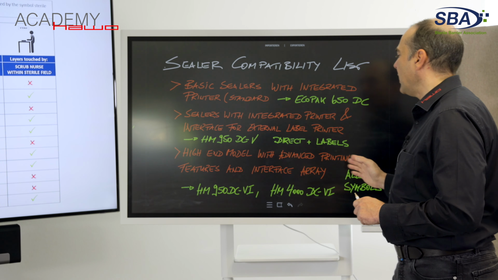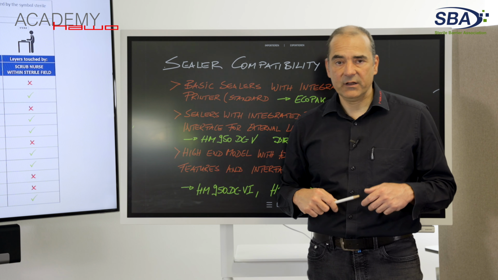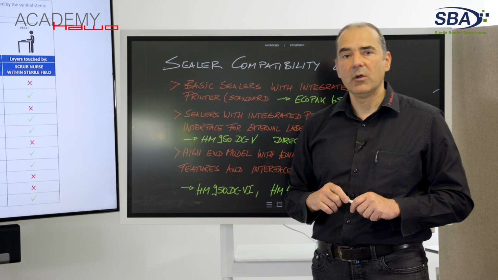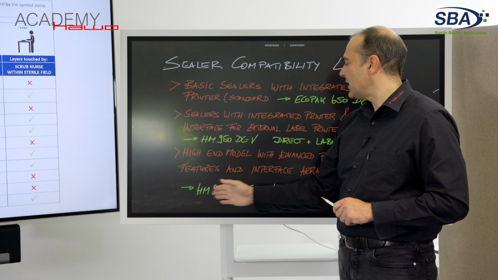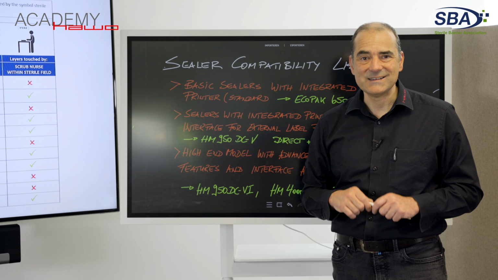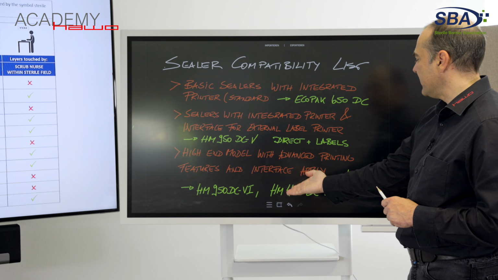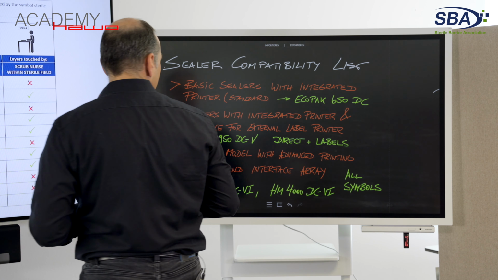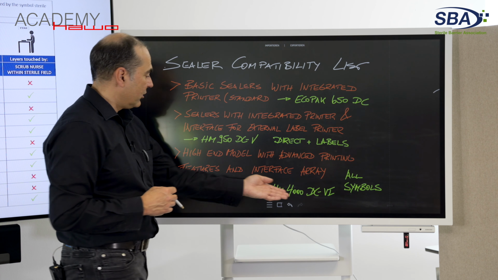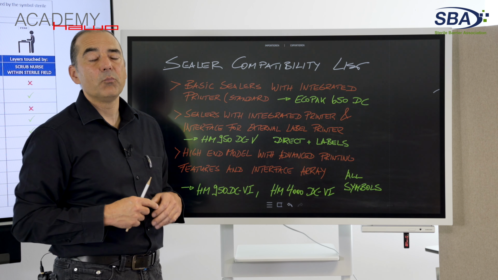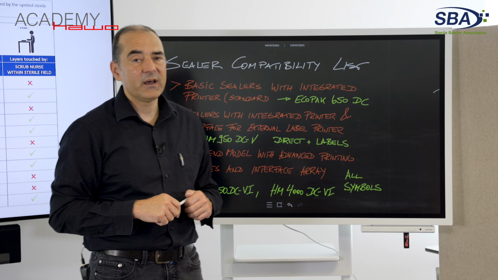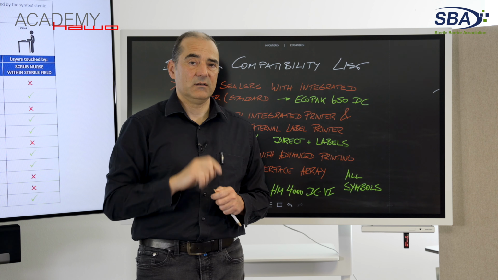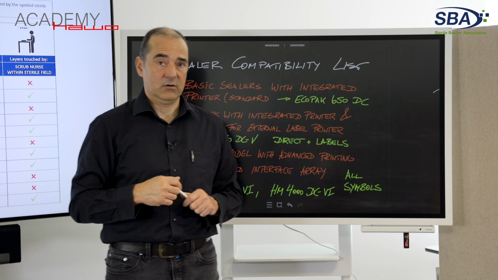And then there are our high-end models with advanced printing features and of course interfaces to external printing solutions, such as our HAVO 950 DCVI as well as our model HAVO 4000 DCVI. Those top of the range models can of course print all of the symbols, whether it's the solid line or the dashed line symbol, and combinations of symbols.